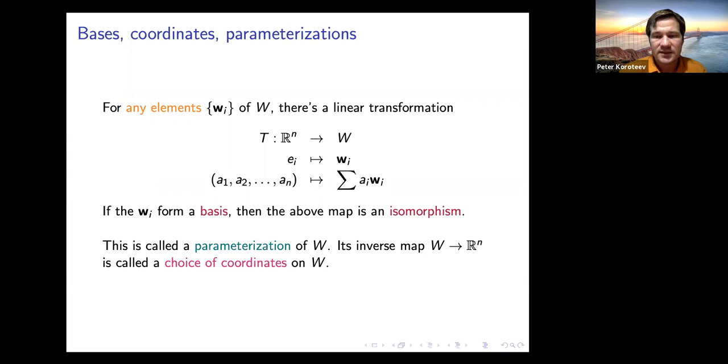We can construct its inverse map, and this inverse map is called a choice of coordinates on W. Since in the canonical basis of R^n there's a natural notion of the order of coordinates, so e_1 goes first and so on, by using the inverse of this map we can assign the coordinates to W.